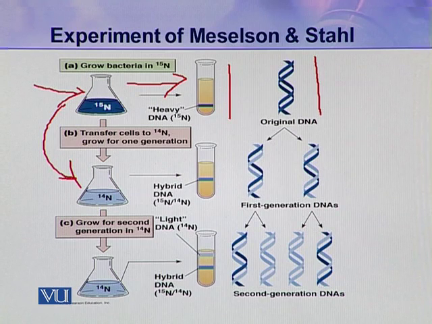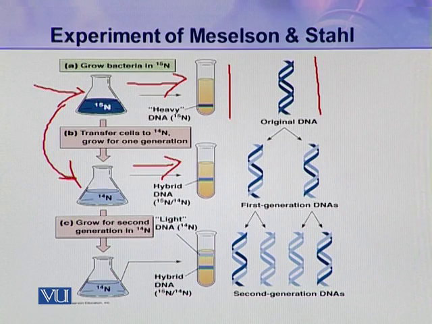After some time, they took out the DNA and centrifuged it using density gradient centrifugation, and they observed DNA which was intermediate, that is, lighter than in the above centrifuge tube. In the above tube, you can see the DNA is here, but in the second experiment, the DNA is a little above the previous one.